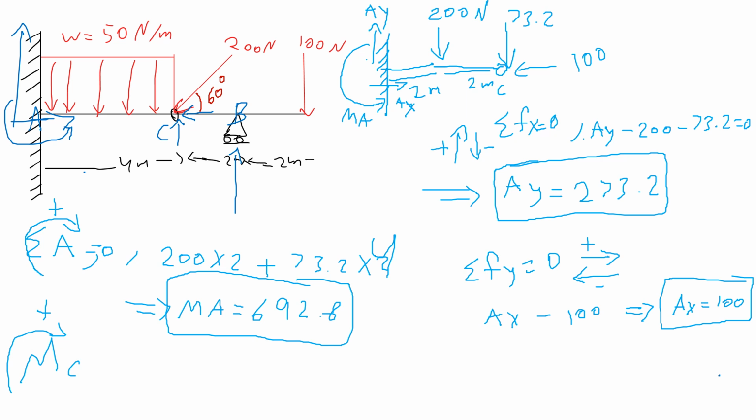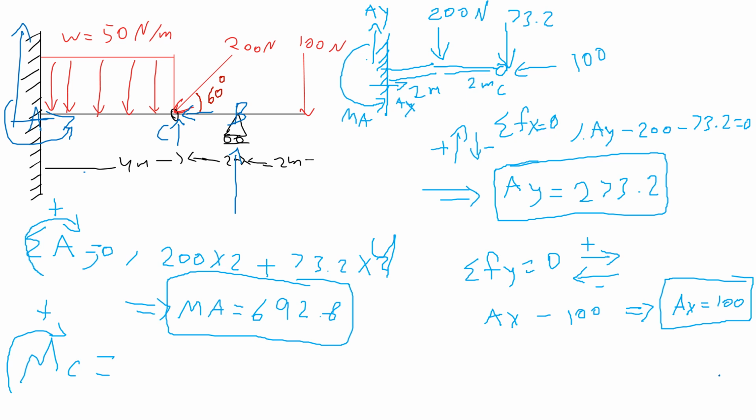So the 73 and the 100 go through the point. It's not going to be valid. The AX, sorry, the AX goes through the point, so it's going to be 0. So I'm left with 200 and AY and MA. And this is going to be tricky a little bit, but we're going to see.